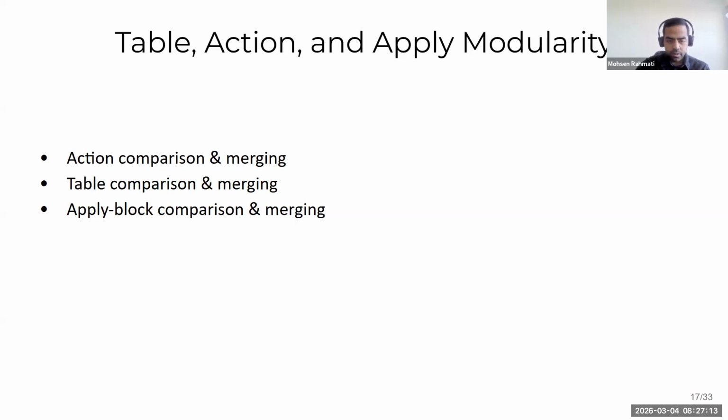But as you can see in this part, we cannot merge, for example, two actions with some differences, or two tables with some differences, for example, with different sizes. And we try to solve it in the next work.